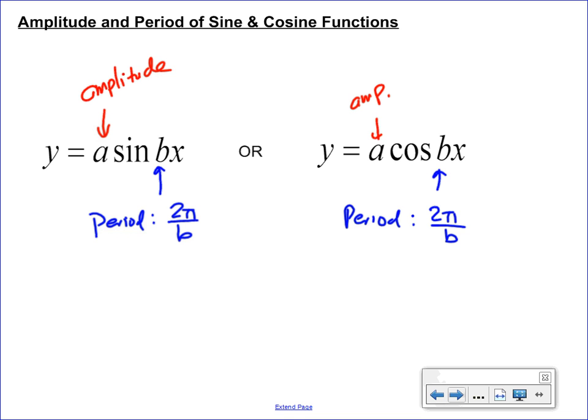What that does is it can either shrink your sine curve or stretch it out. And your a makes it taller or shorter.